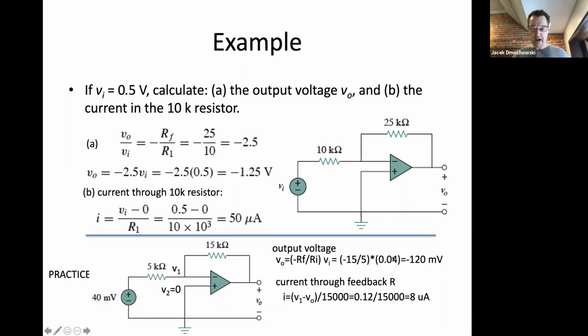So 0 minus -120 is 120 millivolts, divided by 15K. It's a very small number, 8 microamps. So you see that very small current flows through this feedback resistor.